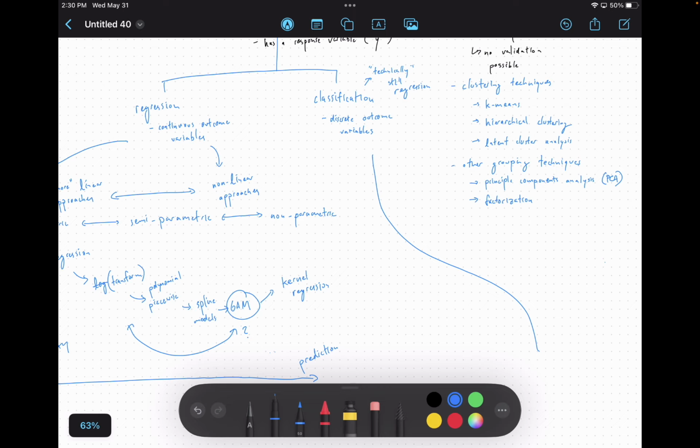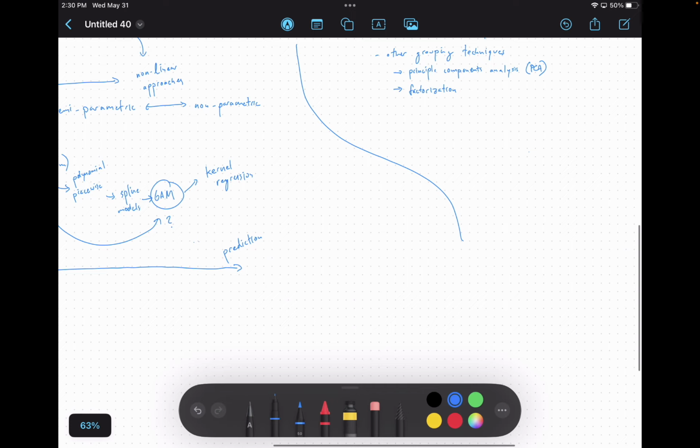We have kind of the same idea going from parametric to non-parametric. So what are some of the techniques that we talked about for classification? Does anyone remember? Okay, great. Logistic. So I'm going to go on the same scale here, parametric to non-parametric.